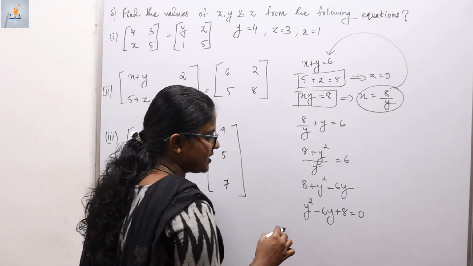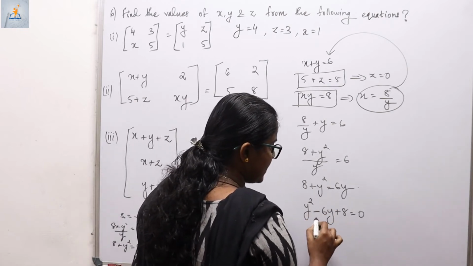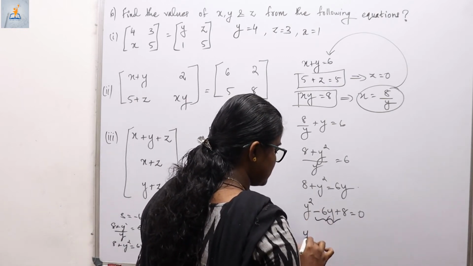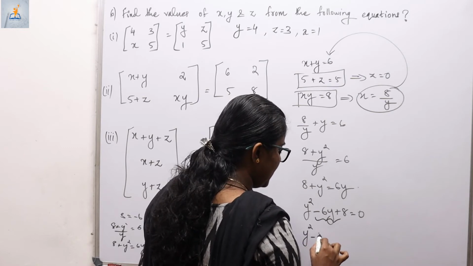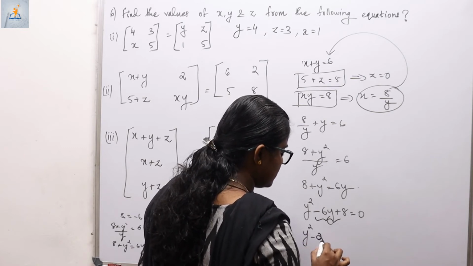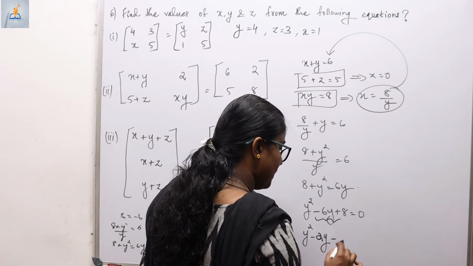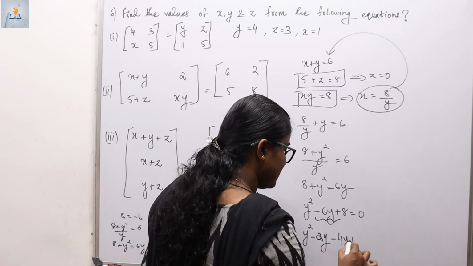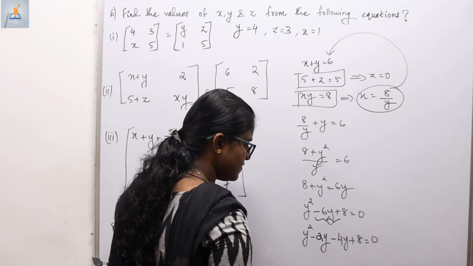Solving this by splitting the middle term, we can split it as y square minus 2y minus 4y plus 8 is equal to 0.